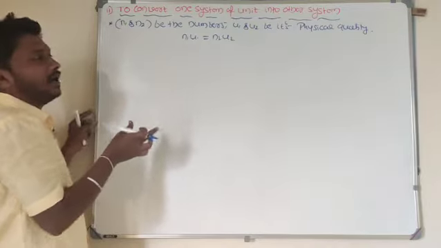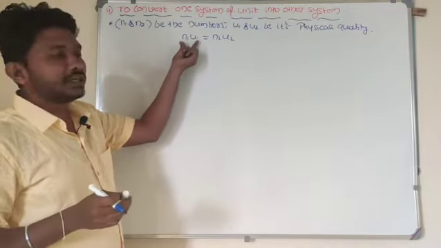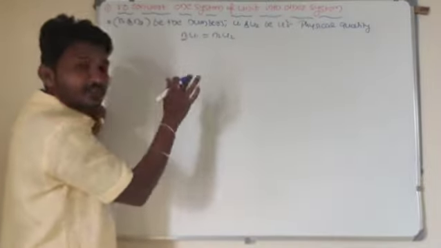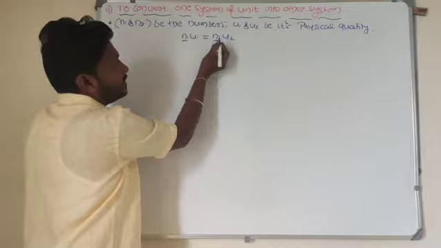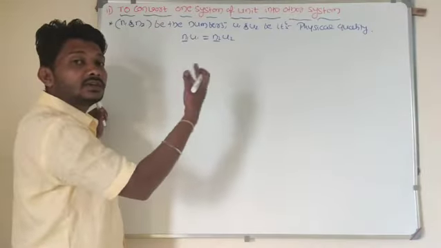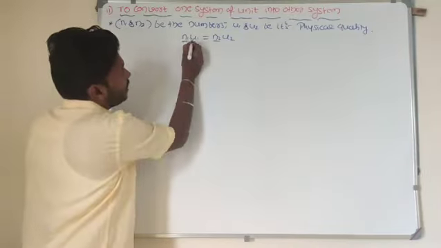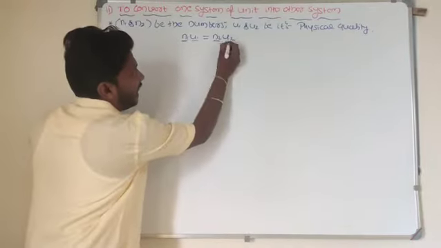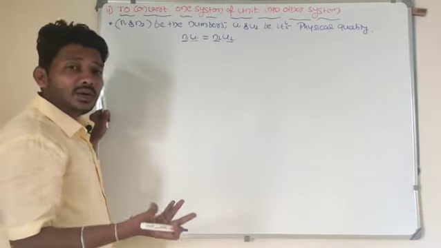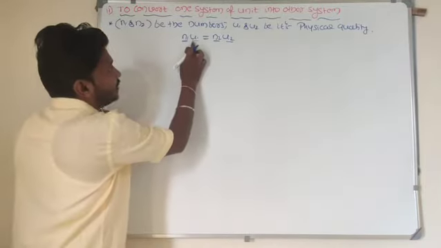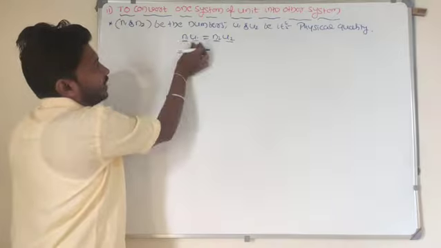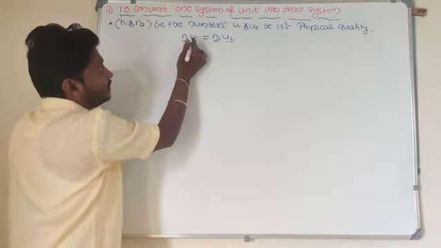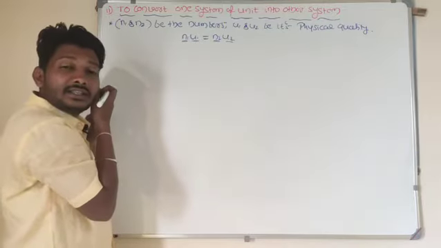For example, I can consider 1 kg here. 1 kg is equal to 1000 gram. So 1 is the numerical value N1, N2 is 1000, which is also a numerical value. U1 I can consider as the unit kg, and U2 is also a unit, gram.